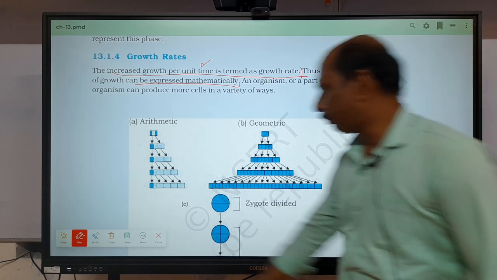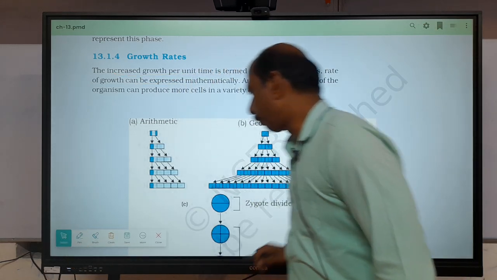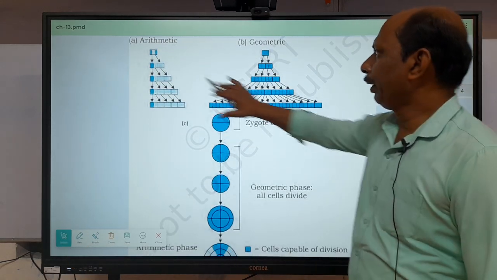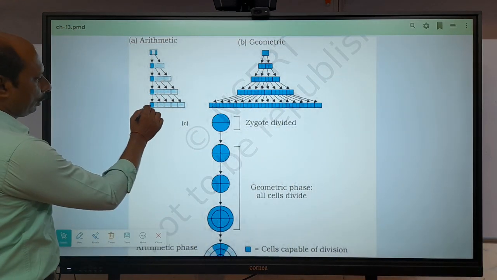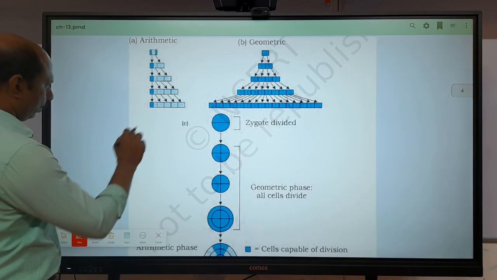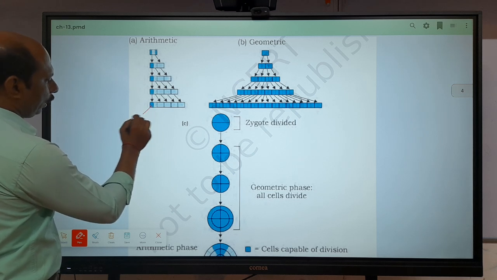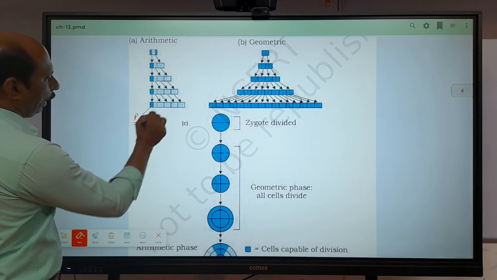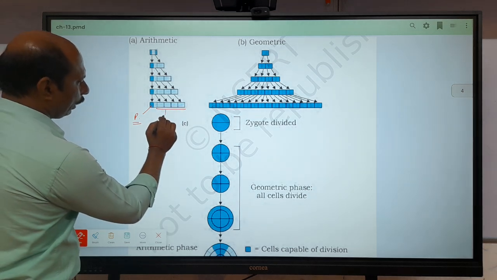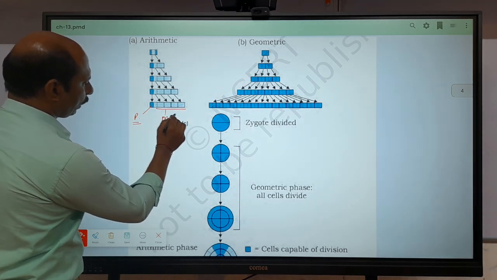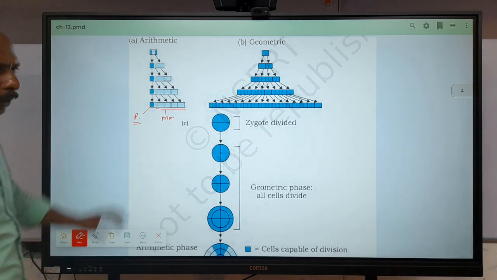Now a figure is given here. Look at the figure. It is arithmetic. What is in arithmetic? Here on this side one cell divides. This one is called the parent cell, and this side is another cell. So one cell continues to divide, that means it is a meristematic cell, and this one is a permanent cell.